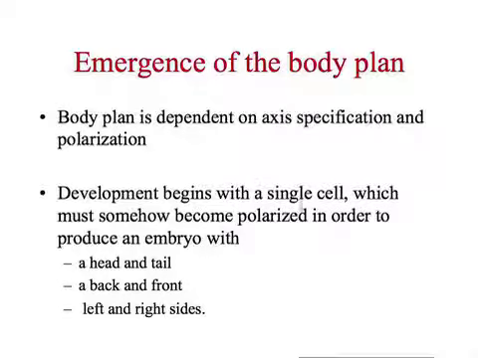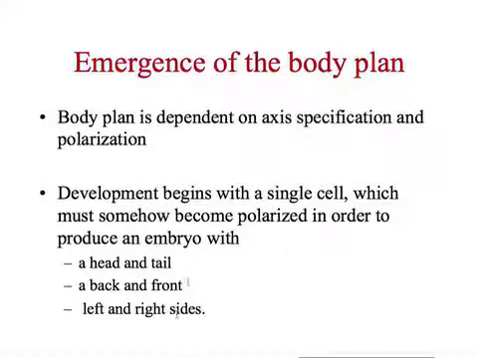Development begins with a single cell which becomes polarized along these axes, and within the embryo there are regions that contain high concentrations of these factors along an axis. You've got a head-tail axis, which is the one we'll look at, moving from the head of the larva to what will become the tail.